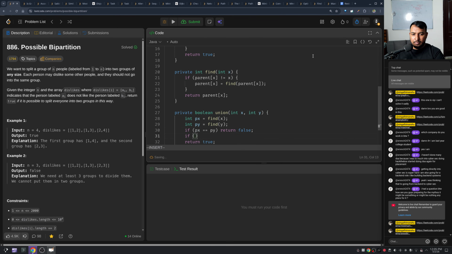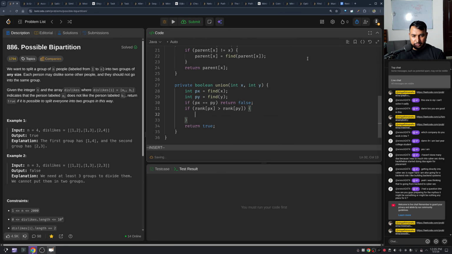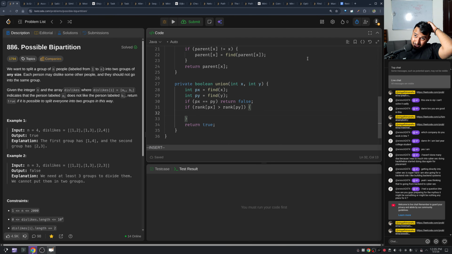We do the union. If rank of px is greater than rank of py, then x's rank is more, so parent of py is equal to px. Else if rank of px is less than rank of py, parent of px is equal to py.